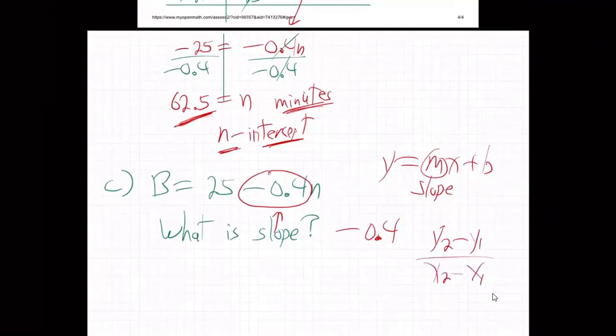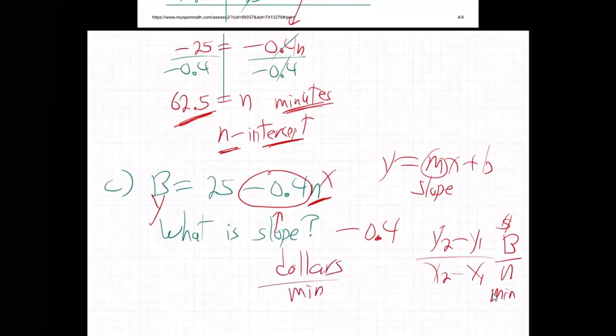So what are my y values? This is like y, that's balance, which is dollars, over my x values, n, which is minutes. So my units on the slope are dollars per minute: negative 0.4 dollars per minute.